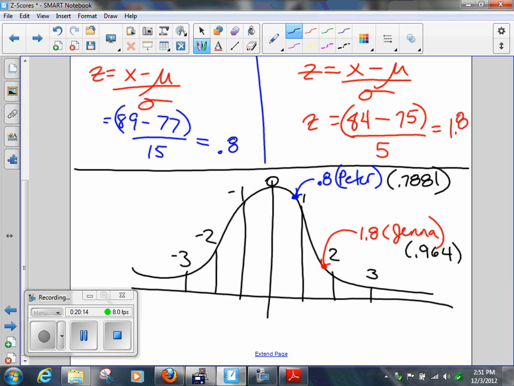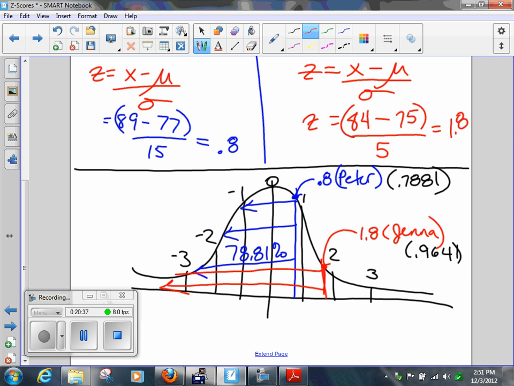So what does that mean? I used to hear this when I was little, and I didn't understand what it meant, but what this means is the area to the left of this is approximately 78.81%. The area to the left of where Jenna scored is going to be much more because she's farther over, and it ends up being 96.41%.